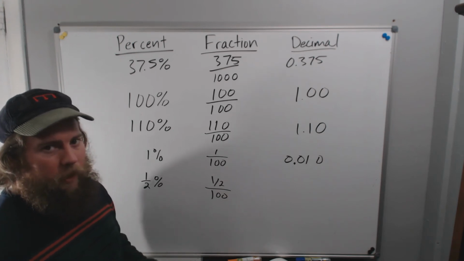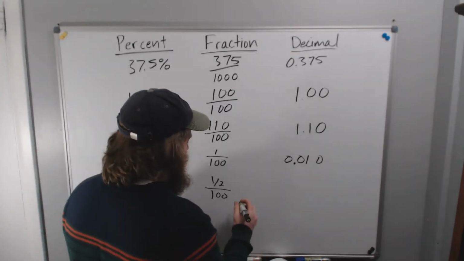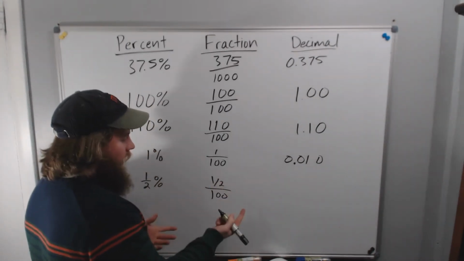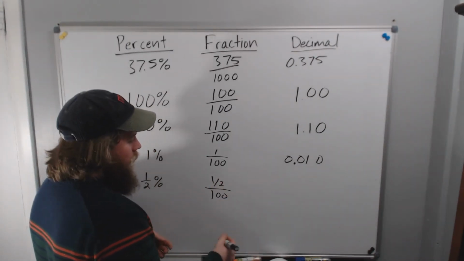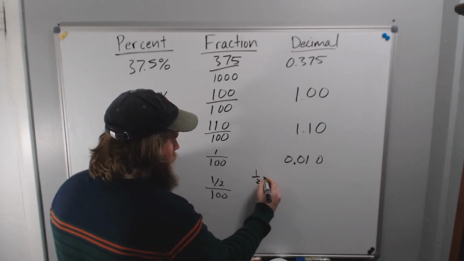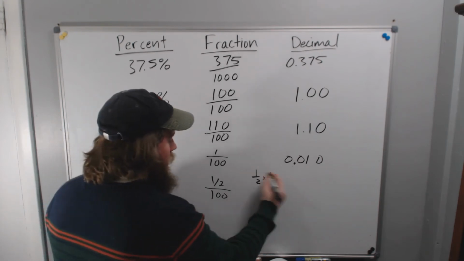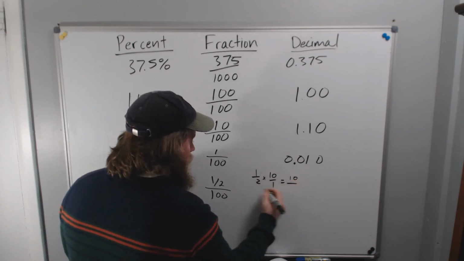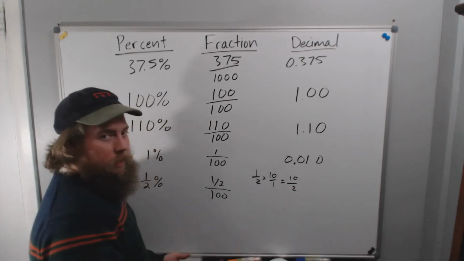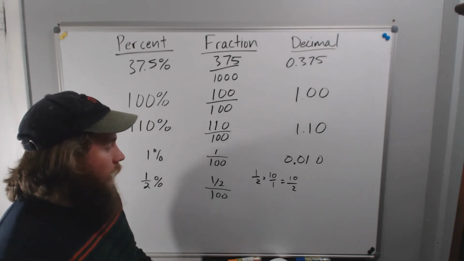Instead, I'm going to multiply top and bottom by 10, just to show you guys something. If I multiply 1/2 by 10, let's do it over here. We have 1/2 times 10. Remember, 10 is the same as 10 over 1. So we get 1 times 10, which is 10 over 2. But 10 divided by 2 is the same thing as 5.